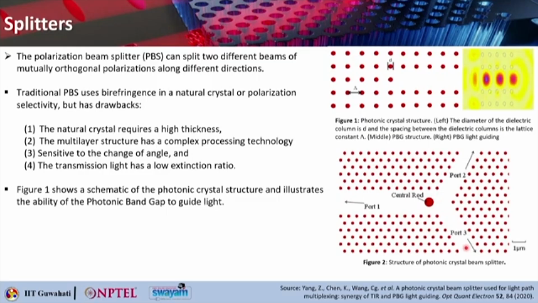So the beam splitting is very poor. If you want to improve the beam splitting, you can change the size, shape and the number of this central rod, and that can give you control on the power splitting ratio as well.